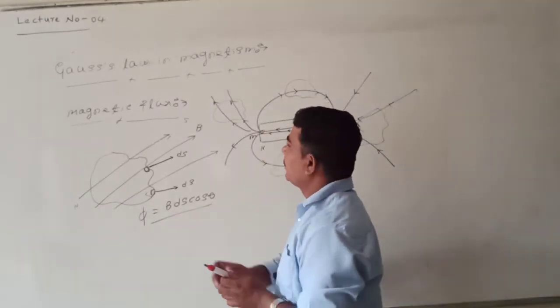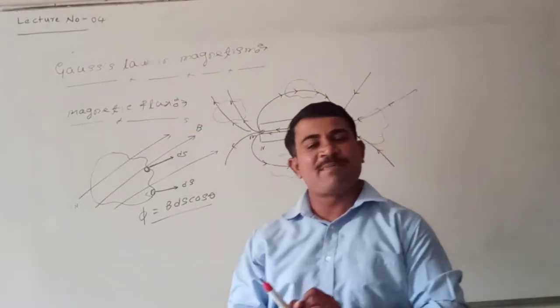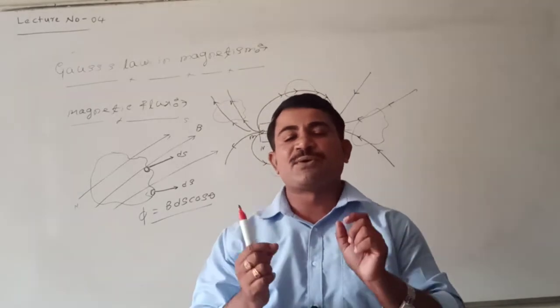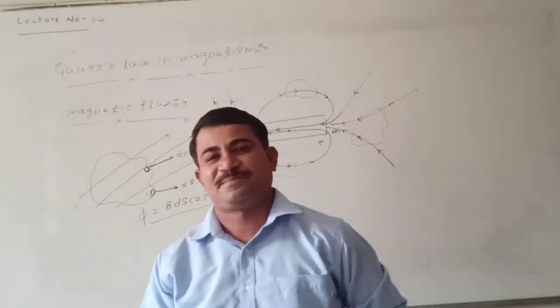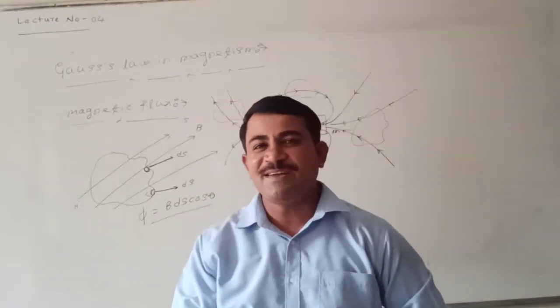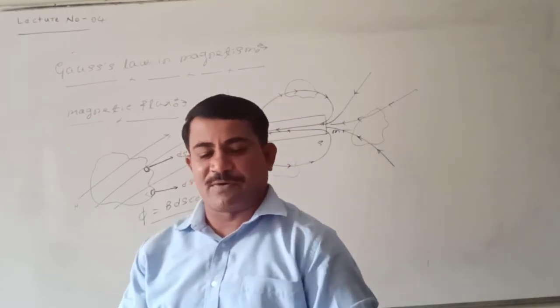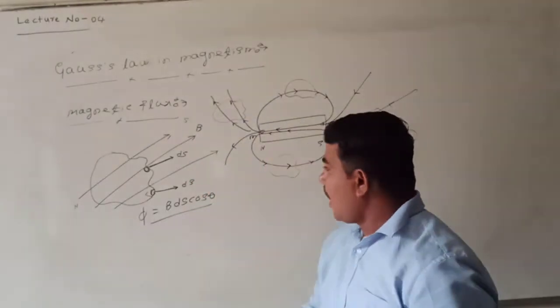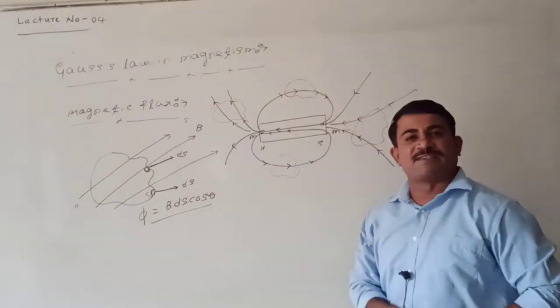So what does Gauss law of magnetism say? Gauss law of magnetism says that the total magnetic flux through any closed surface is zero. What am I saying? The total magnetic flux through any closed surface is zero, because the number of magnetic field lines entering must be equal to the number of magnetic field lines leaving.